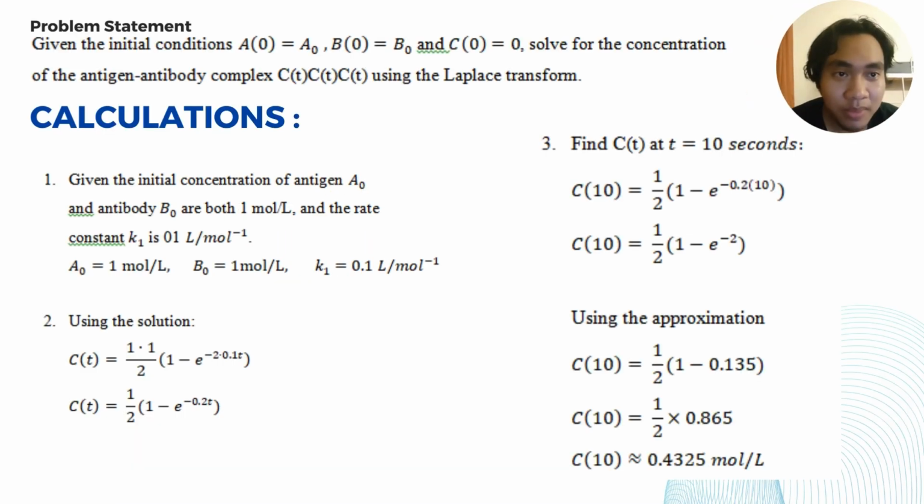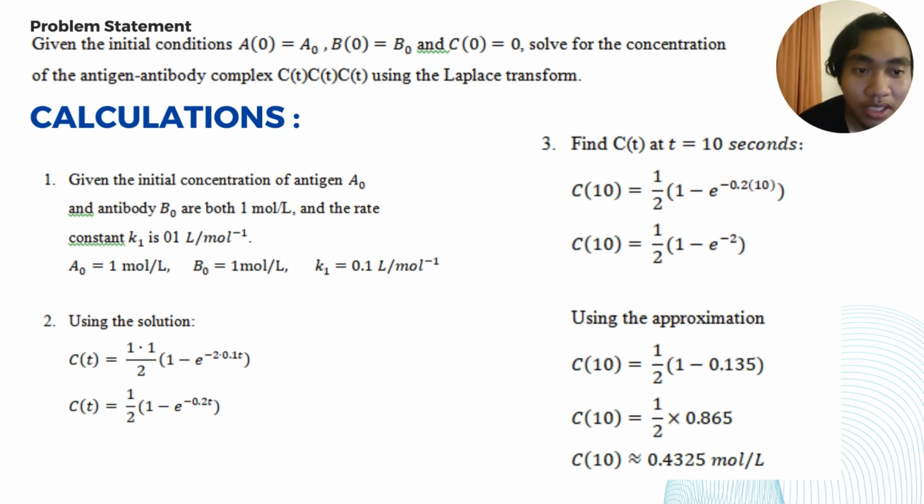Alright, so this is the problem statement. Given the initial conditions A(0) equals A0, B(0) equals B0, and C(0) equal to 0, solve for the concentration of the antigen-antibody complex C(t) using the Laplace transform. Okay, here are the equations. First, given the initial concentrations of antigen A0 and antibody B0 about 1 mole, and the rate constant k1 is 1 liter per mole.